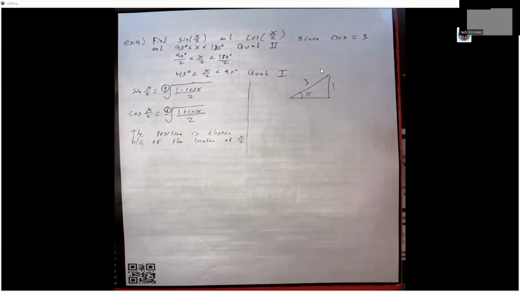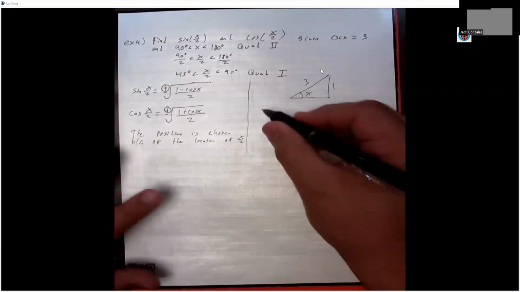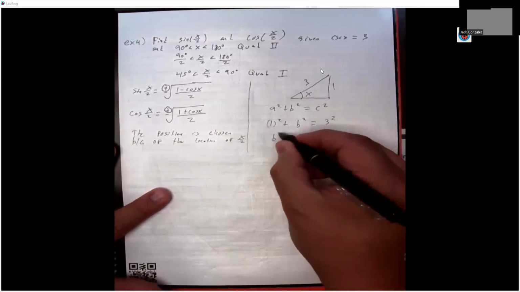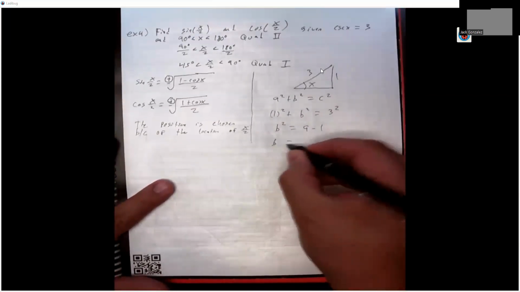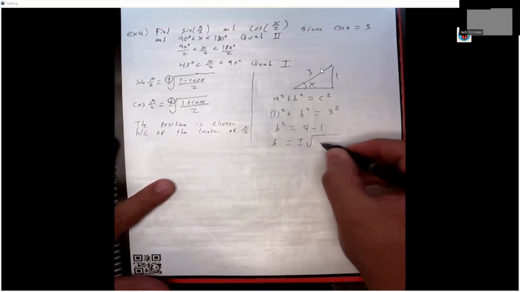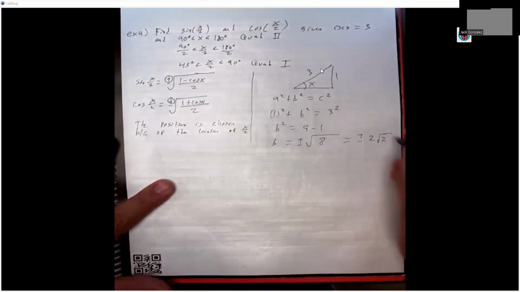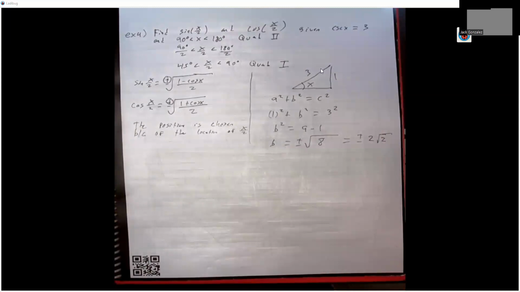Okay. Find the missing piece. So b squared would be 9 minus 1. So b is equal to plus or minus the square root of 8, which is plus or minus 2 square root 2, when you reduce the 8.